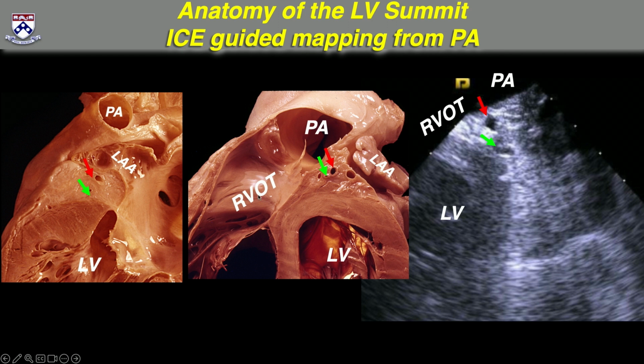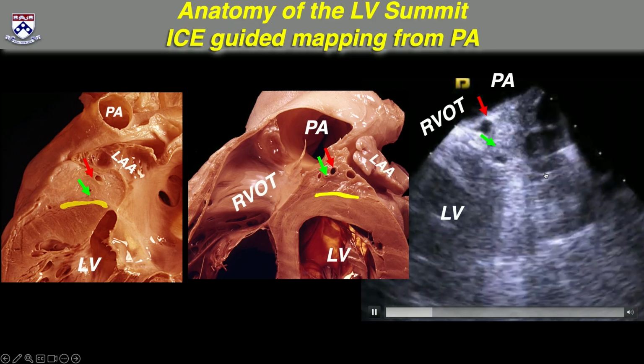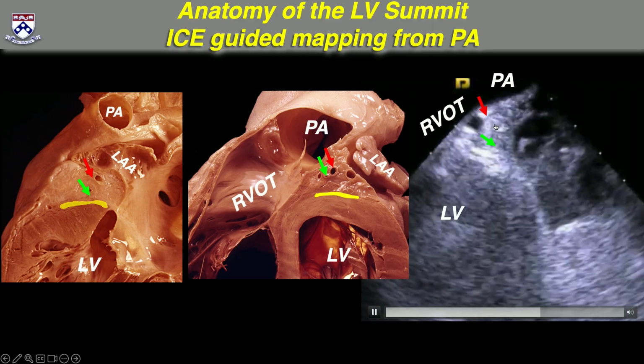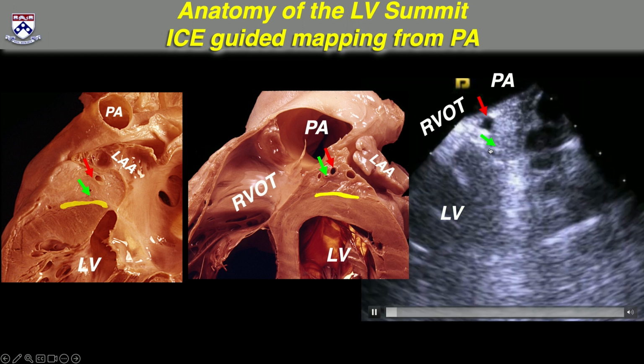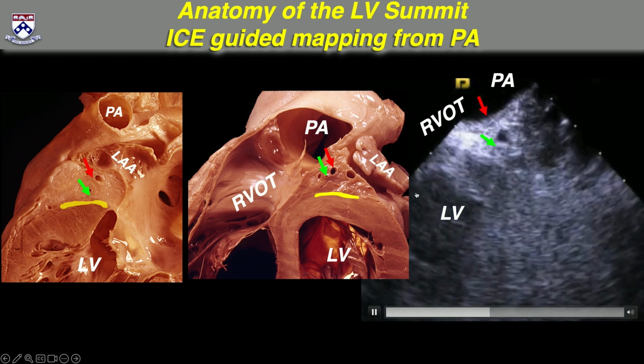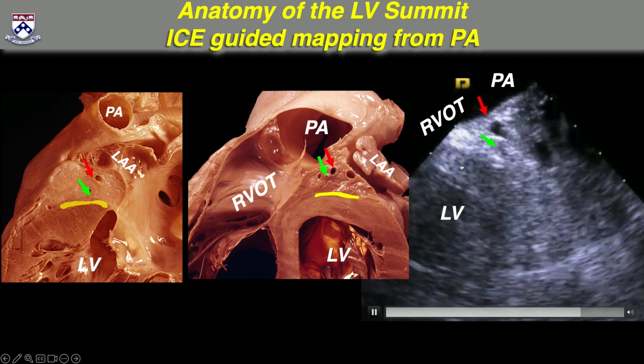We don't know the thickness, we don't know the location. So if I want to be short axis with my ICE pointing down, how about I place it on top of the LV summit, and that's the pulmonary artery. So if I place the ICE in the pulmonary artery, and now I look down, this is what I'm looking at. This is the PA, this is the LAD, this is the AIV, this is the LV endo, and this is the thickness.